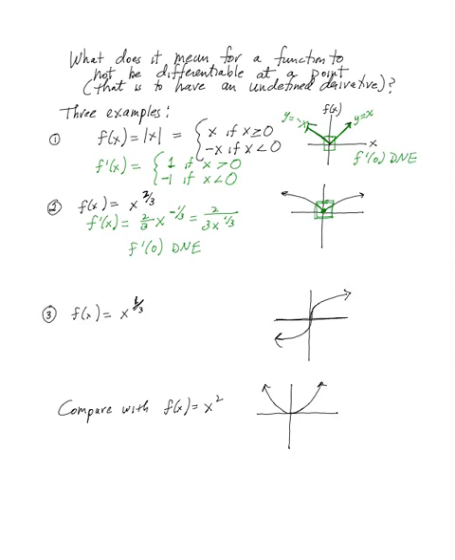Okay, how about f of x equals x to the 1/3? Well, f prime of x is 1/3 x to the negative 2/3. Again, f prime of 0 does not exist because this expression has division by 0. It's undefined if x is 0.